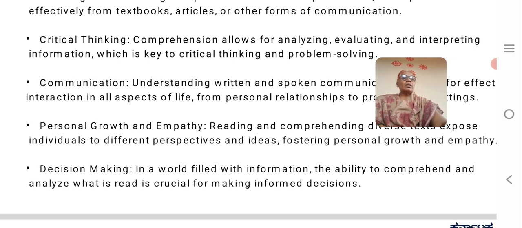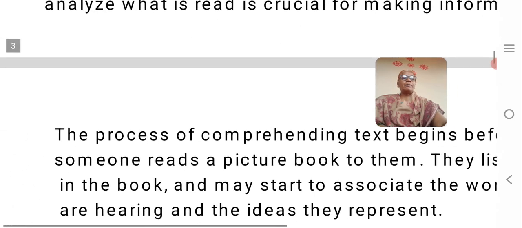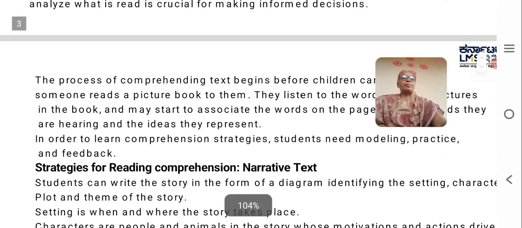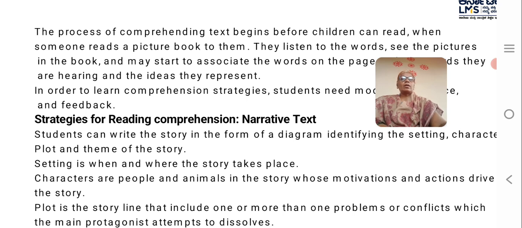We need to acquire these comprehension skills with the help of certain strategies. Some of the basic strategies are to increase the vocabulary, that is, expanding one's understanding of the words, the deeper meaning for a deeper understanding of the text.